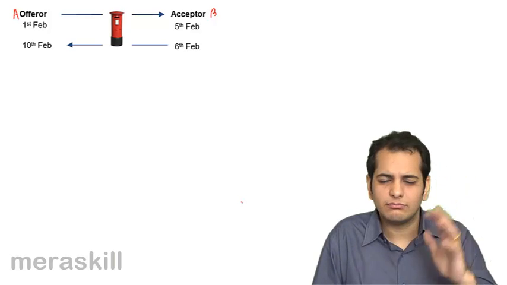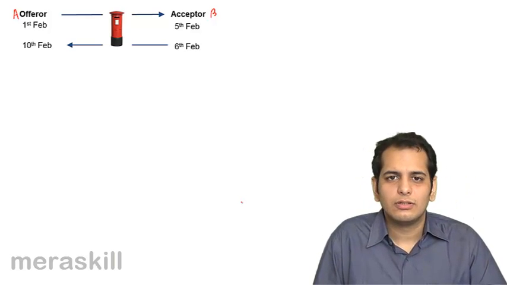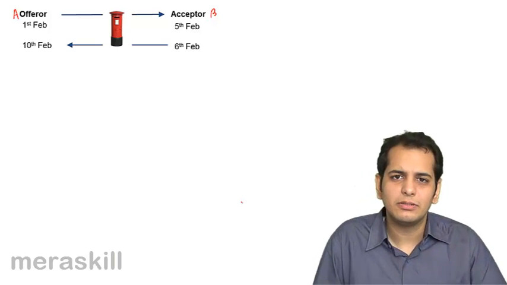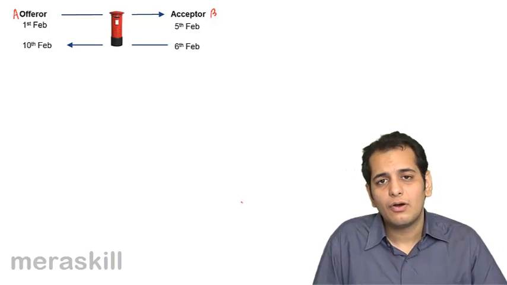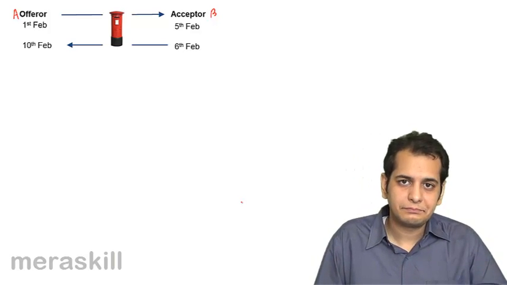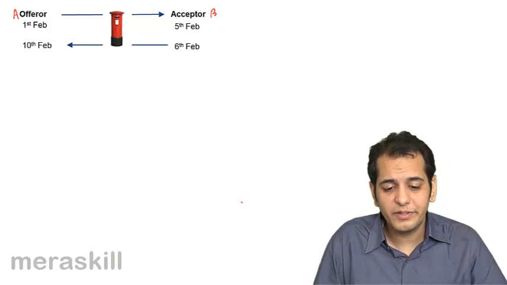We have taken just random dates. These are just for example. So the letter reaches B on 5th Feb. Now what does B do?